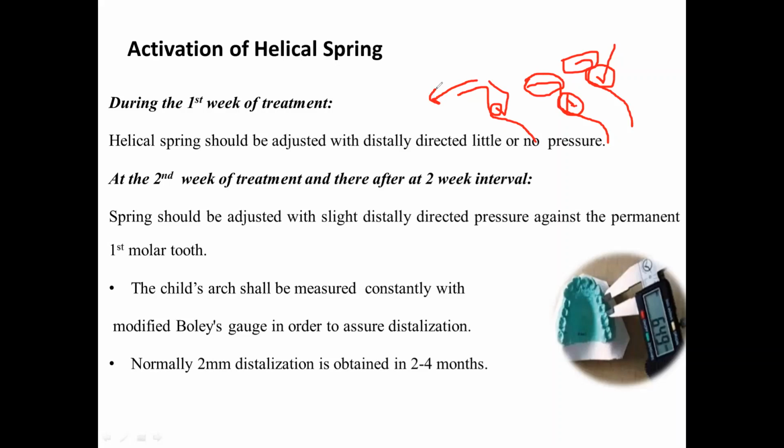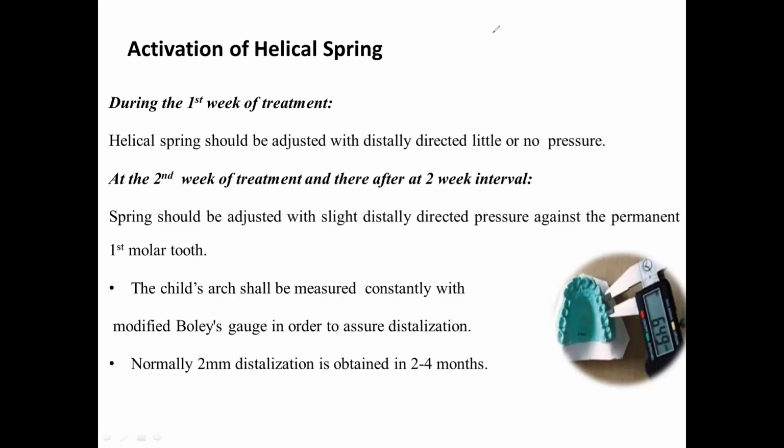So the purpose of giving a spring is that we can have a good play with the wire. Whether we need to move the tooth more distally, we close the coil. We close the coil so that this active arm will increase in size and it will take the tooth more distally. So that is called activation of the appliance. This is how we activate the appliance.